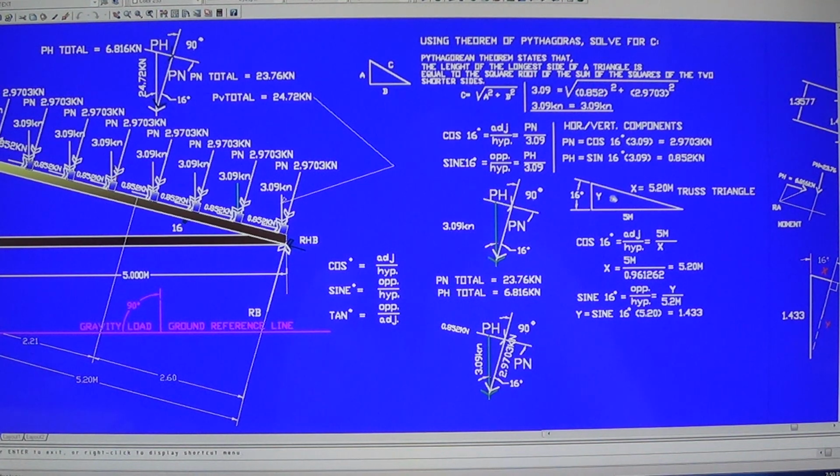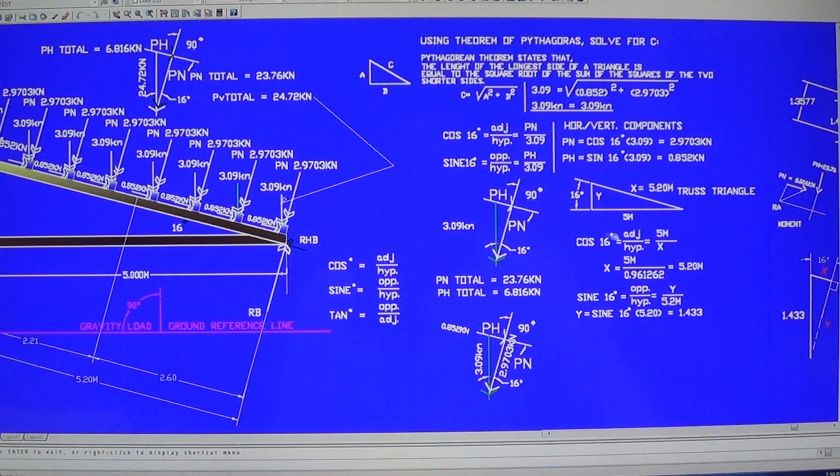Cosine 16 degrees is adjacent over hypotenuse, substituting the values and cross multiplying, it becomes 5 over X, so X is equal to 5 divided by the cosine.